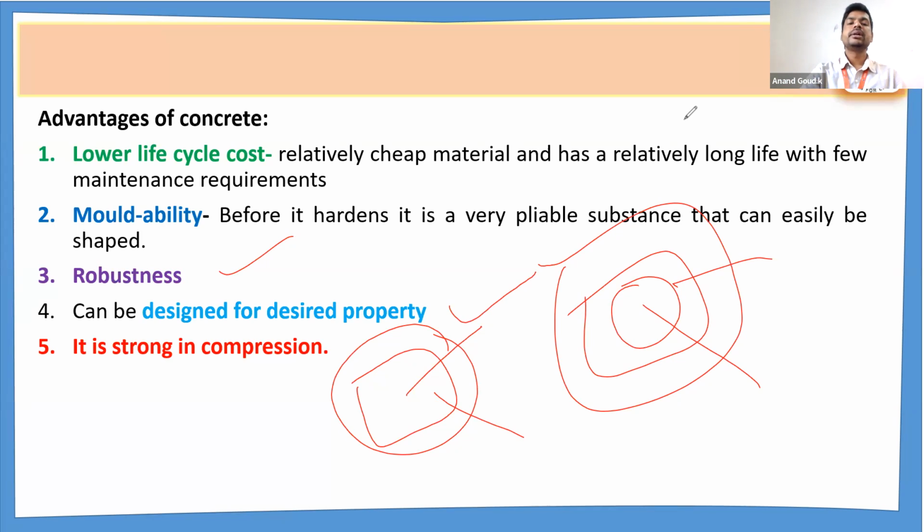By adding extra materials or admixtures, we improve the strength, or design the concrete for desired property. Whatever strength you need, we can prepare the concrete accordingly. We cannot confine the strength of the concrete to one grade only. We can increase the strength up to some points also. That is also one of the benefits.